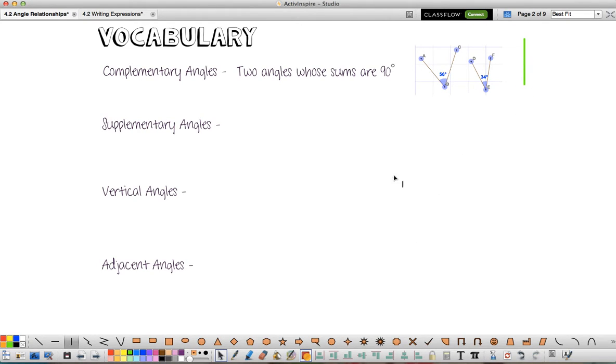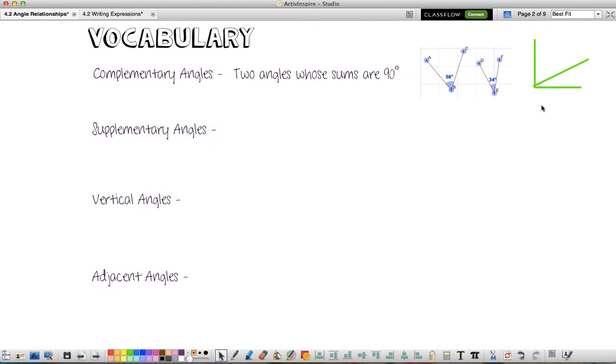And here I'm going to use my straight line tool to draw my angle. So I know that this is 90 degrees, but then I'm going to split it. Right, so now these are complementary angles.